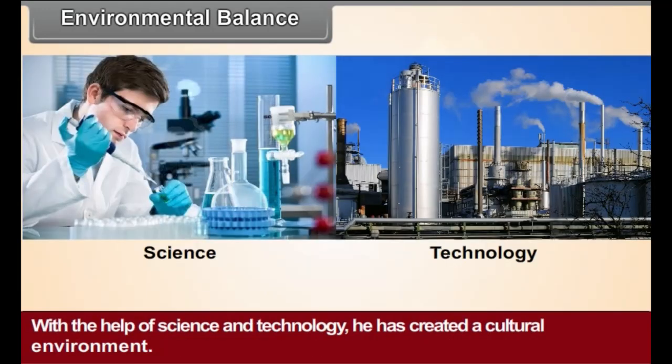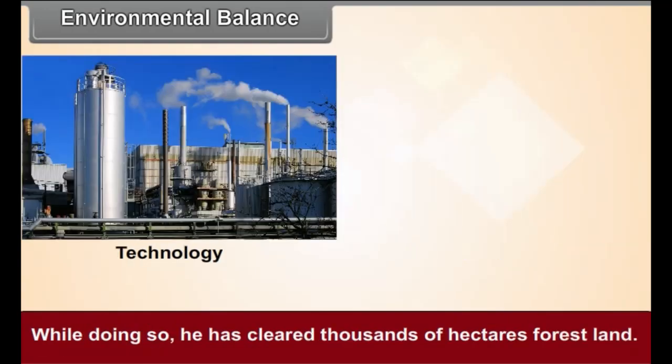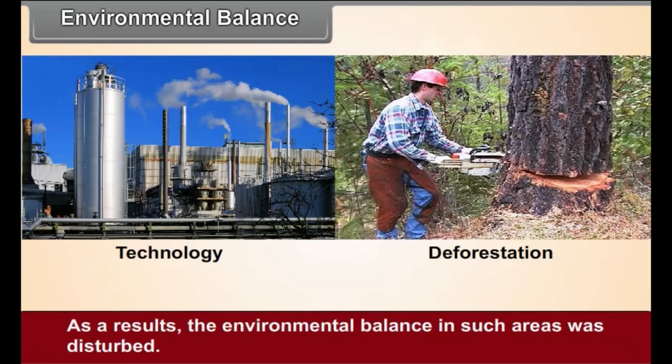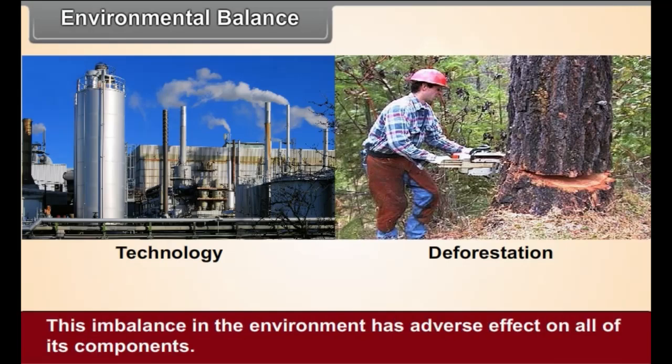With the help of science and technology, he has created a cultural environment. While doing so, he has cleared thousands of hectares of forest land. As a result, the environmental balance in such areas was disturbed.